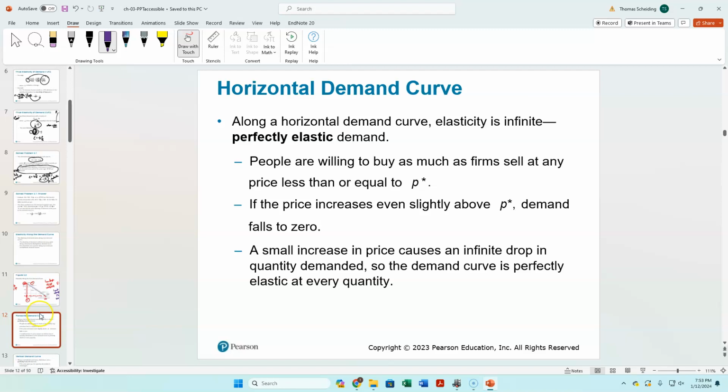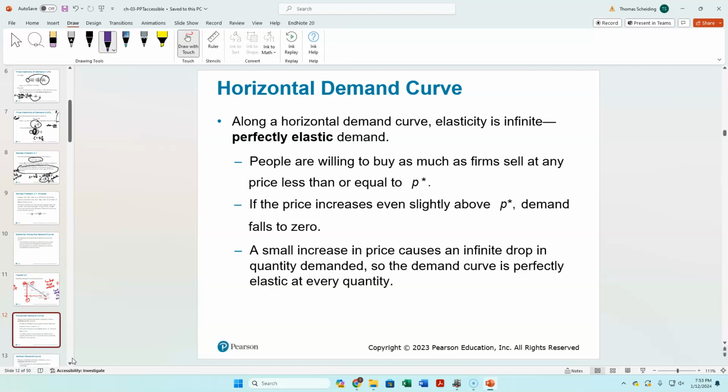And again, you can imagine getting to a point where things would be perfectly elastic or infinitely elastic. And this would be a situation where the demand curve is horizontal, which it would be when we start to talk about perfectly competitive firms.